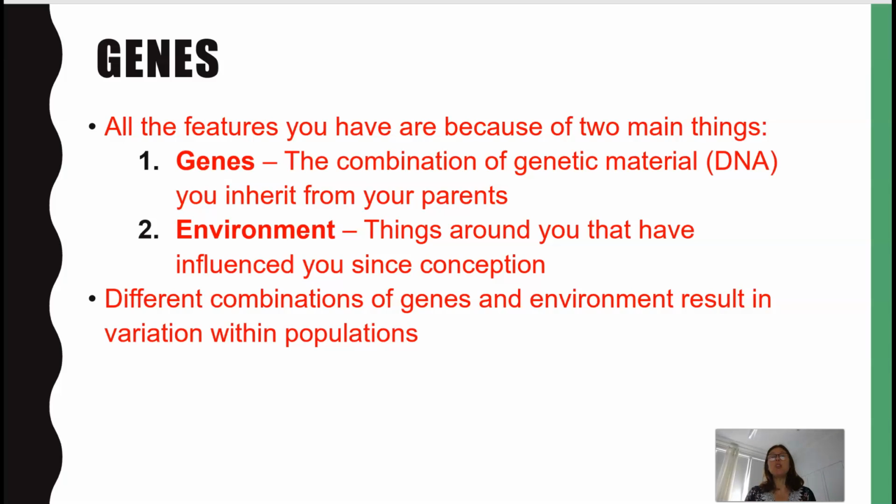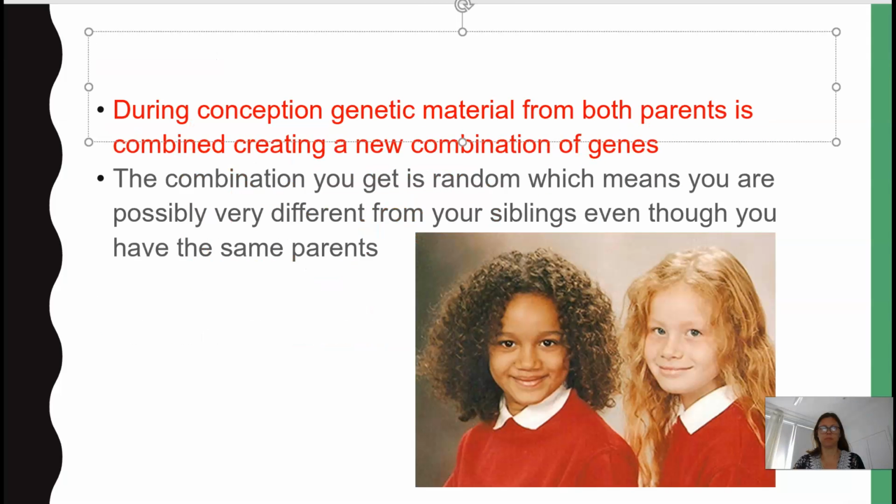You could have two identical twins, one that has spent a lot of time in the sun and one that hasn't, and that sun damage can affect how those skin cells reproduce or repair themselves. Or you could have been exposed to a lack of nutrition throughout your childhood, and that may also affect how you grow and develop. So we're going to have a look at that in a little more detail.